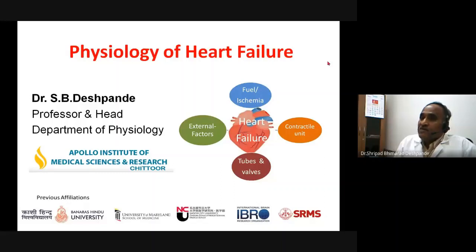And we have very few options for treatment, which we will discuss in due course. Actually, we mainly concentrate on the physiological perspective, not the clinical perspective.